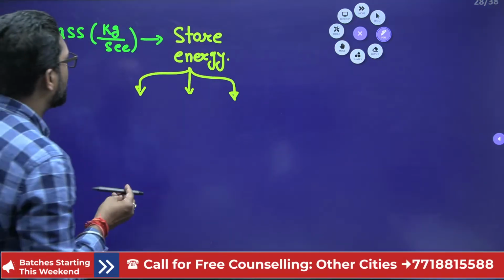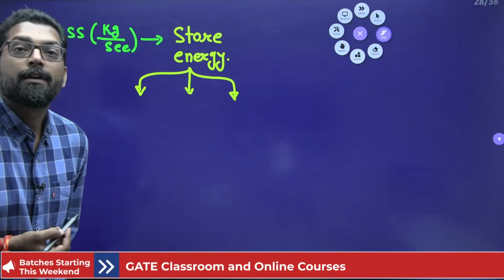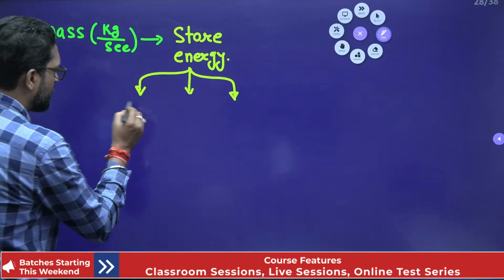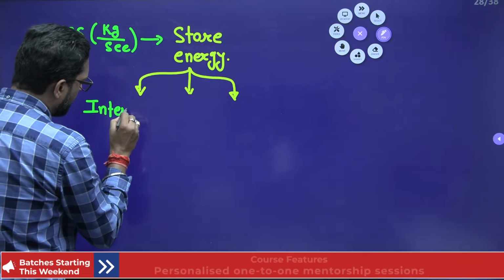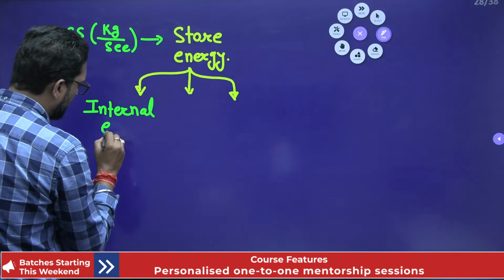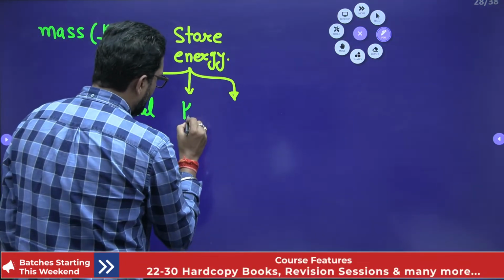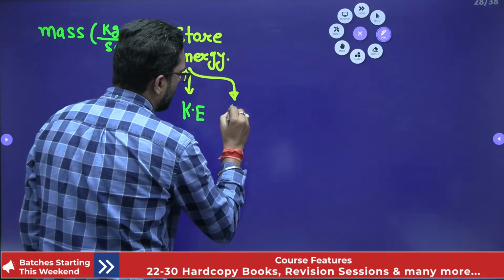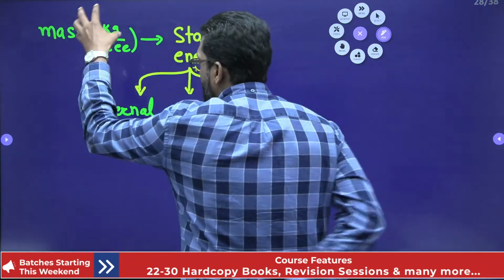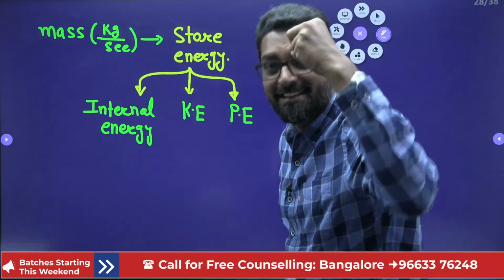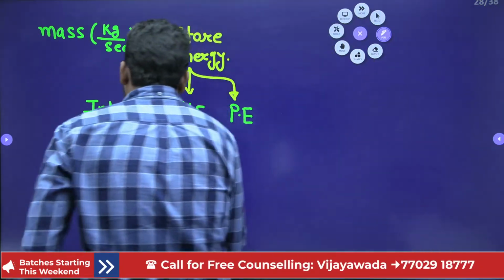The stored energy is due to the temperature, that means internal energy, kinetic energy, and potential energy. You know. So if there is a mass of the system, either static or moving, this energy is associated with it.